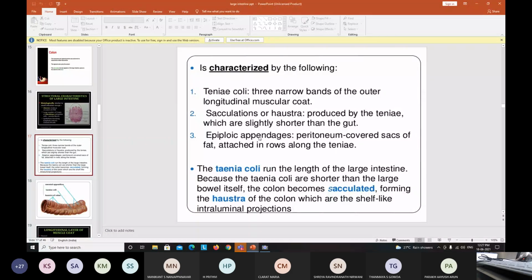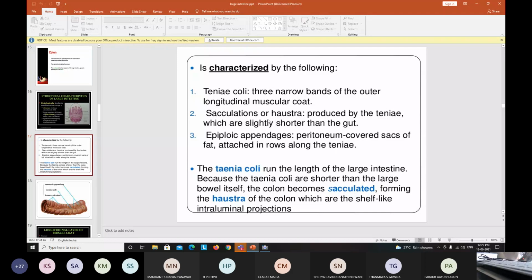Taenia coli run the length of the large intestine. Because Taenia coli are shorter than the large bowel, it becomes sacculated, forming the haustrations.